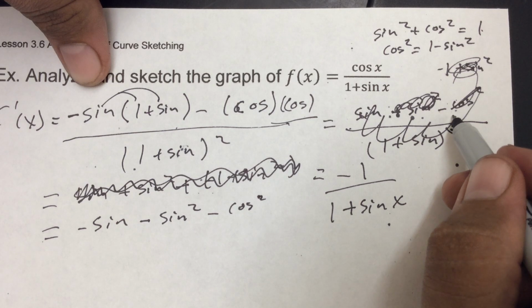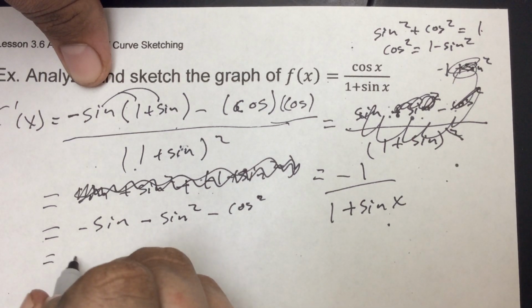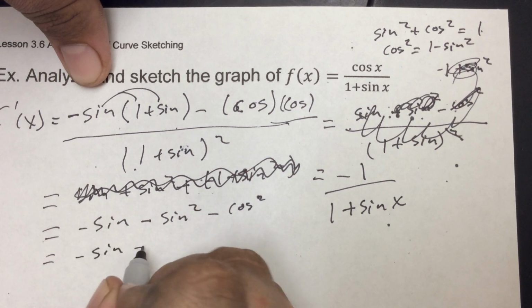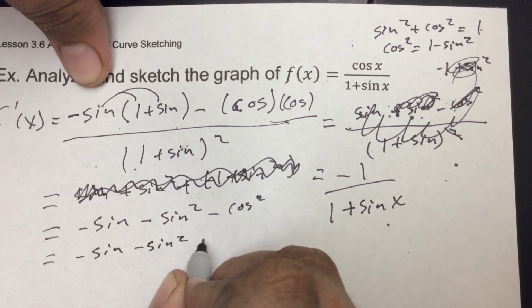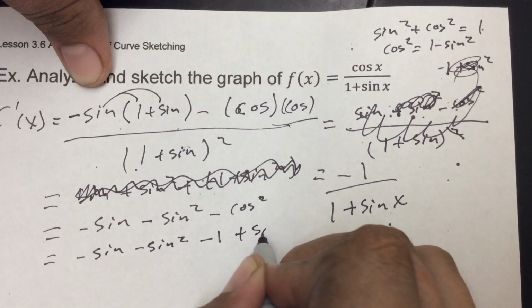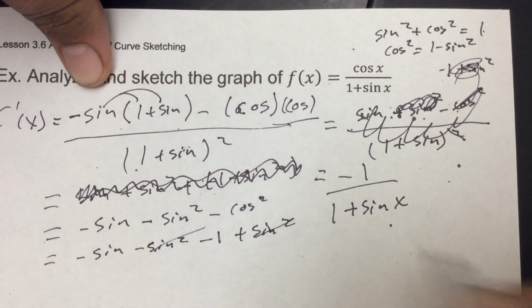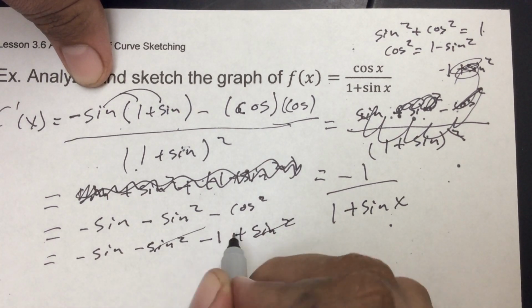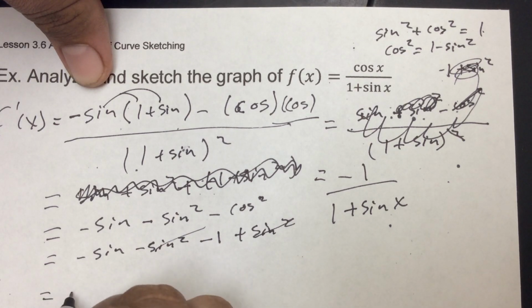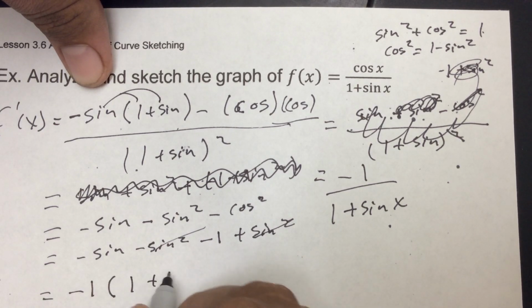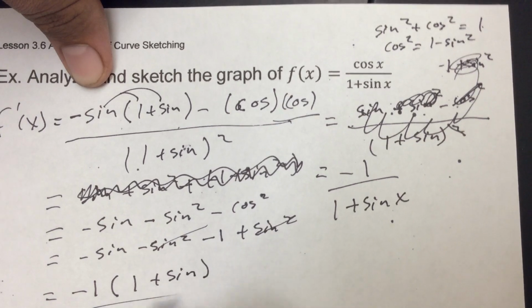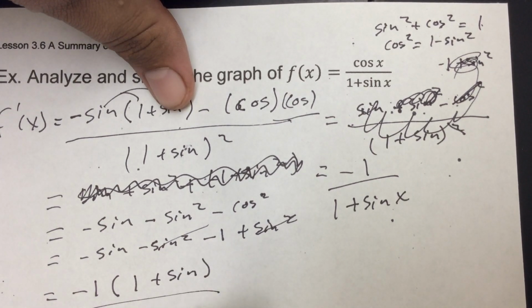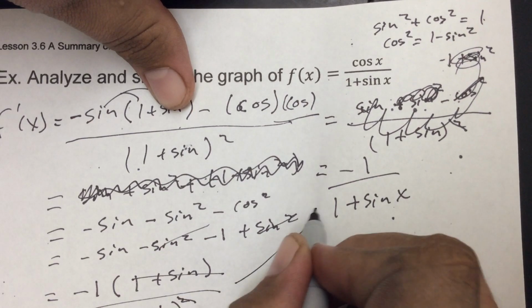So when we do this up here, we would get negative sine minus sine squared minus 1 plus sine squared. So that cancels. If we pull a negative out, we would have 1 plus sine over our bottom of 1 plus sine squared, which is why that cancels, and we're left with that.